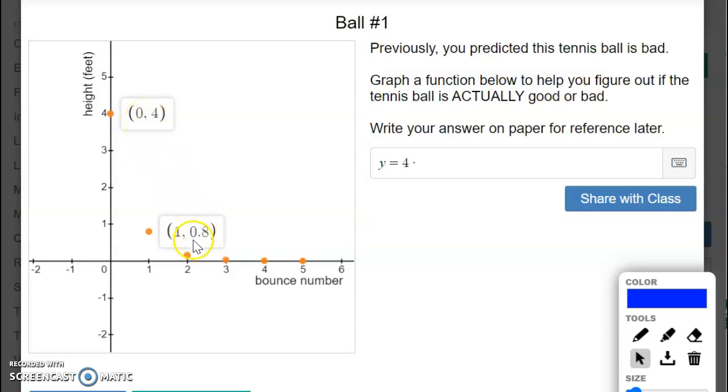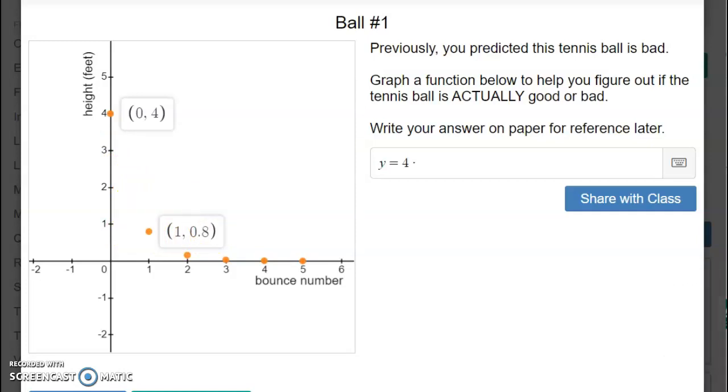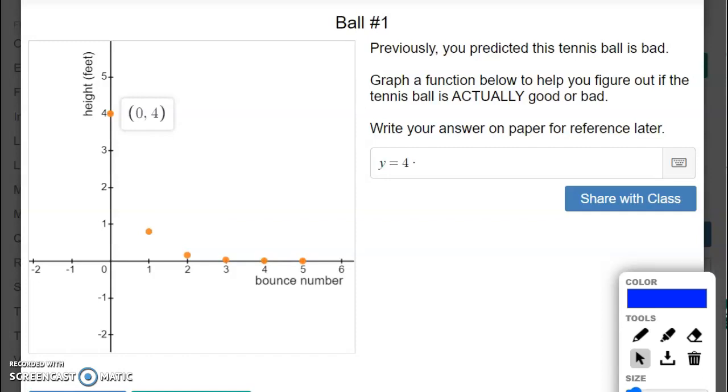If I was to eyeball it, how high do you think this height is compared to this height?